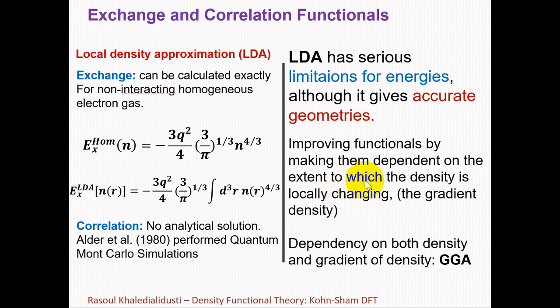So if I have dependence on both the density and the gradient of the density, I call that a gradient corrected or generalized gradient approximation functional, which is GGA. So I will talk about the next exchange correlation functional that is called GGA, that considers both the density and the gradient of the density.